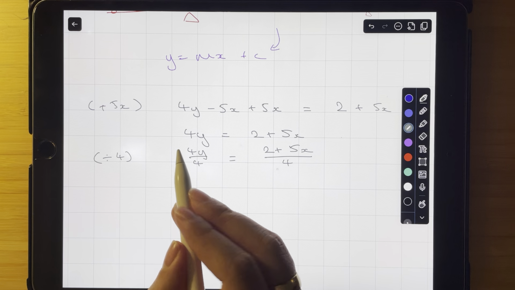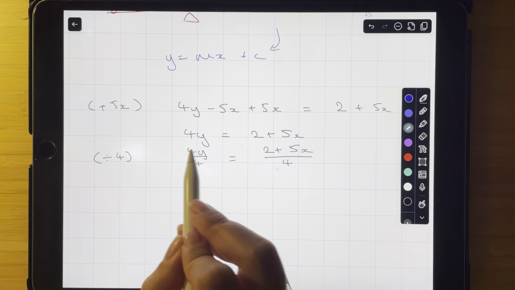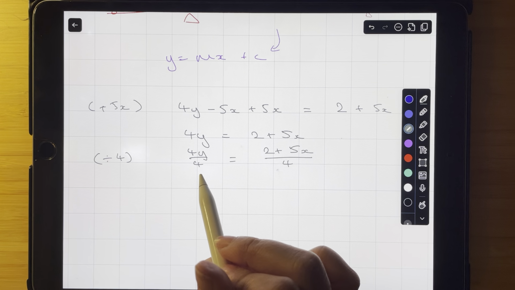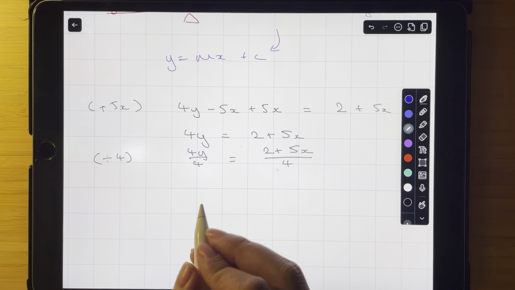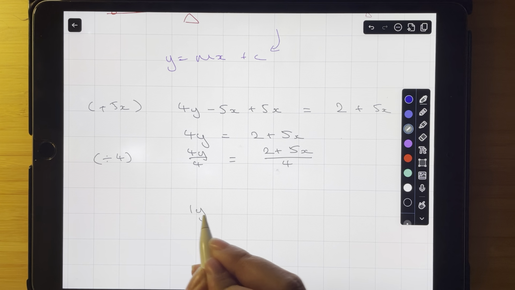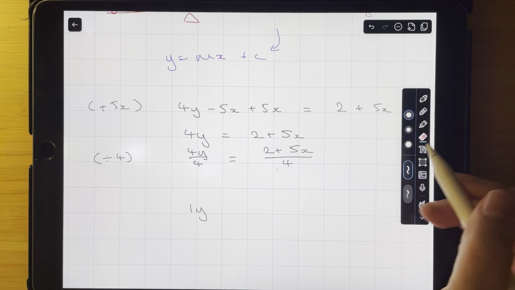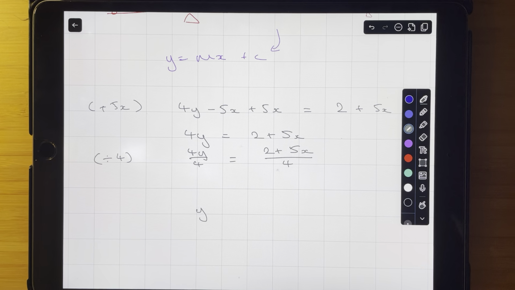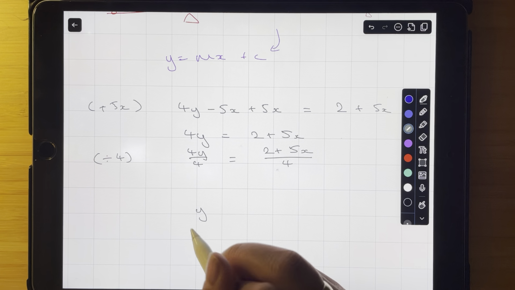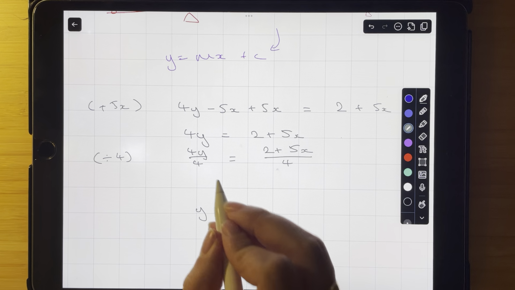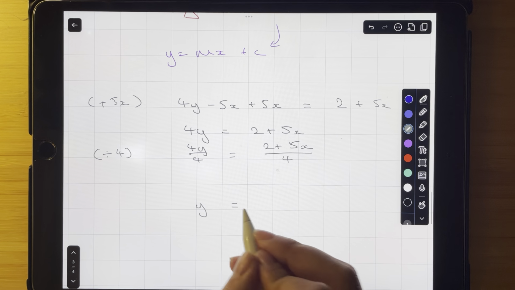And cleaning that up, if I've got 4 of anything, 4 apples, let's say, and I divide it by 4, I only have 1 apple left. So that's the same as saying 1y, if y was an apple. However, you don't really add any coefficient if it's 1, so it becomes y.